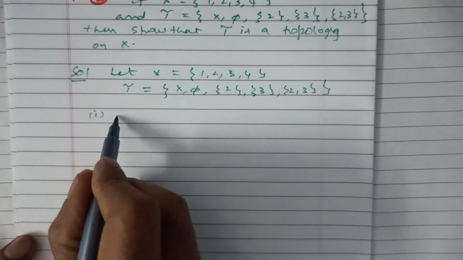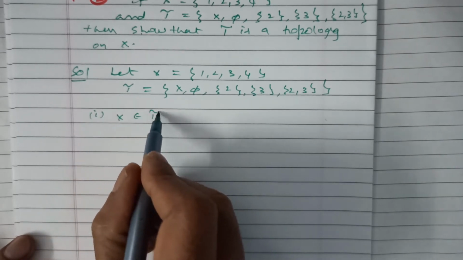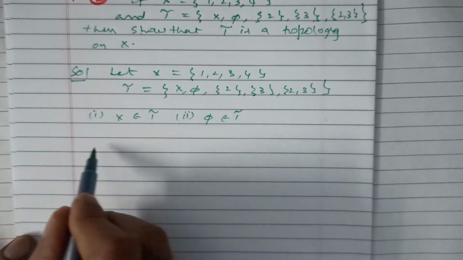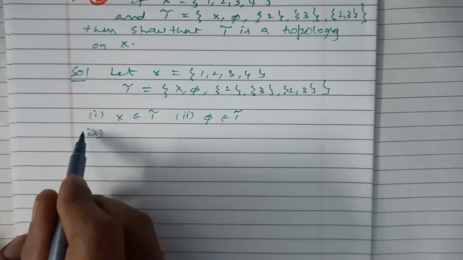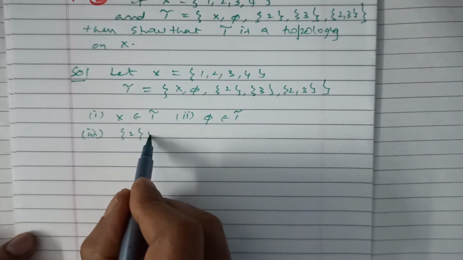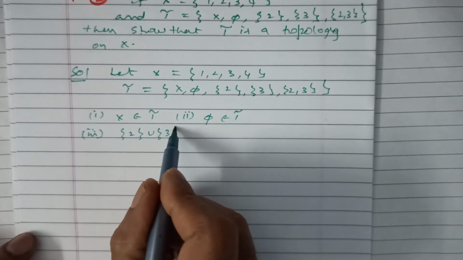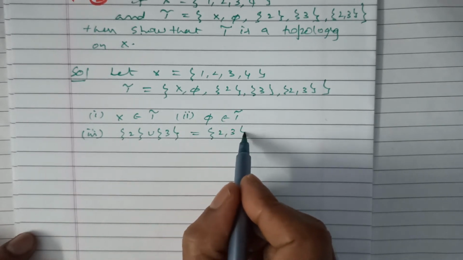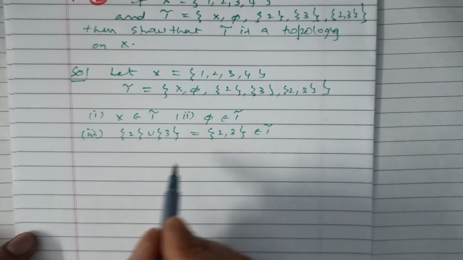First one, X belongs to tau. Second one, phi belongs to tau. Third one, set of 2 union set of 3 is equal to set of 2, 3, which belongs to tau.